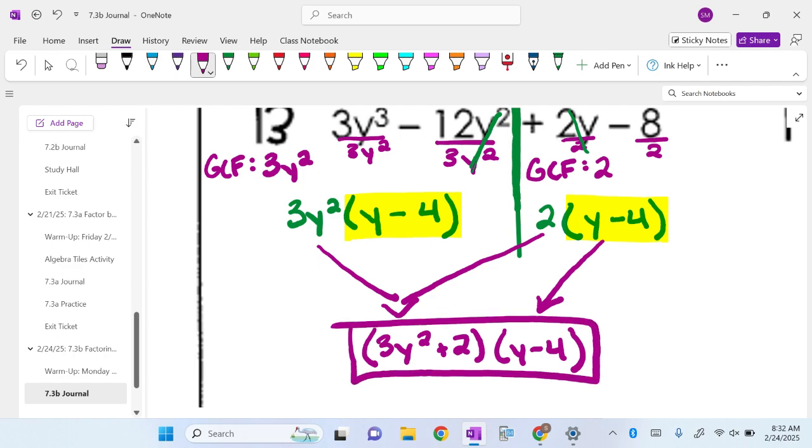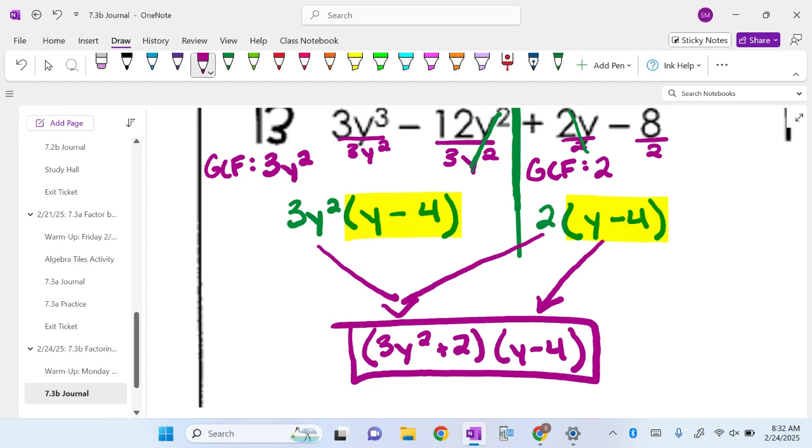Now, if I wanted to check myself, what could I do? What does this form look like to you? Something we've already learned. It looks like a what type of problem? Not quotient, but what did we do pretty much all last week?